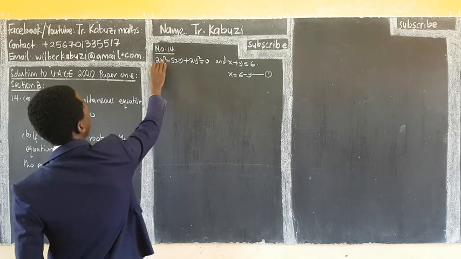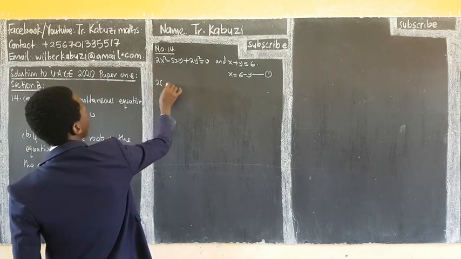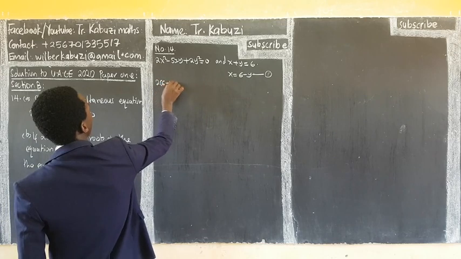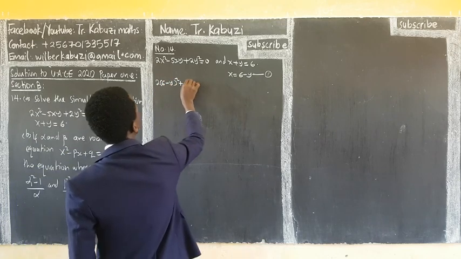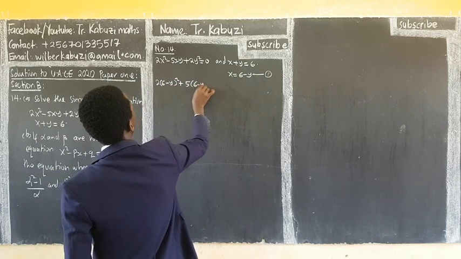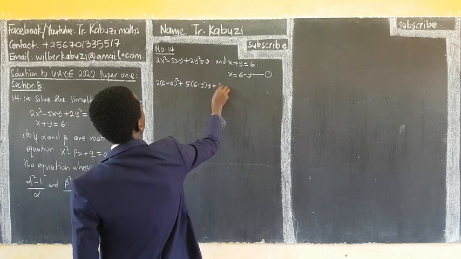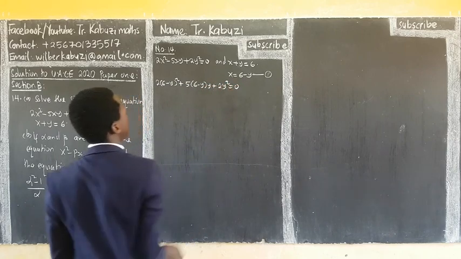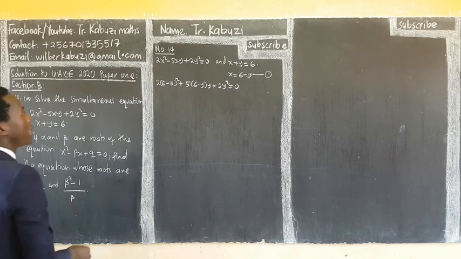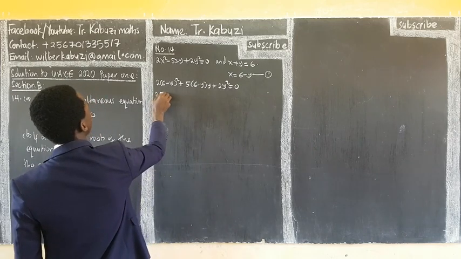put 1 in this. So you have 2 into where there is x, we put now that, then plus 5 into y, equaling 0. Then we expand it. So this is going to be 2 into, this is going to be 36.